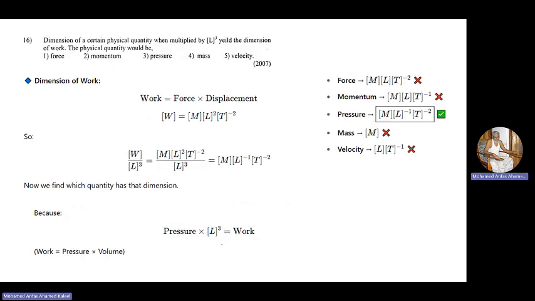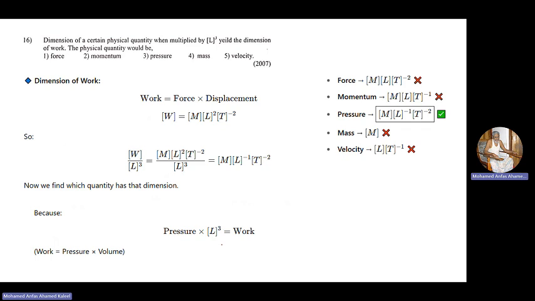The next one is from past paper 2007, the 16th question. The dimension of a certain physical quantity, when multiplied by L cube, yields the dimension of work.